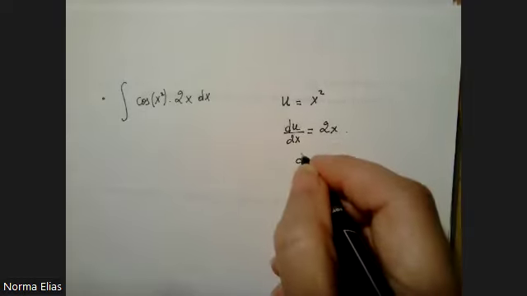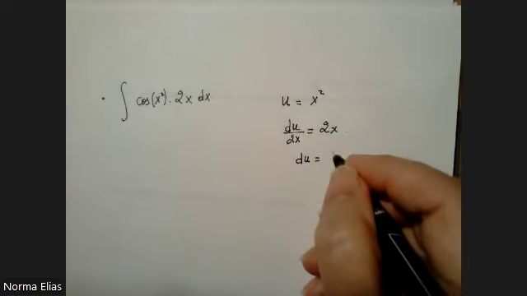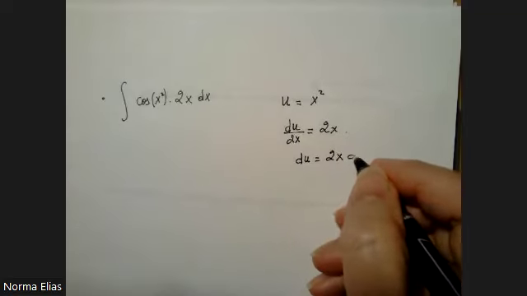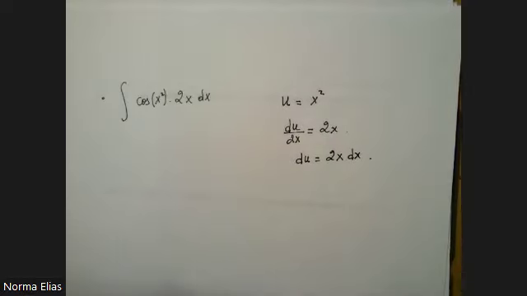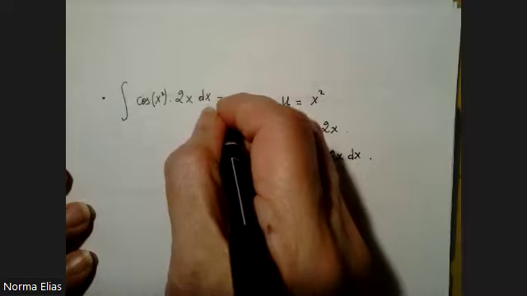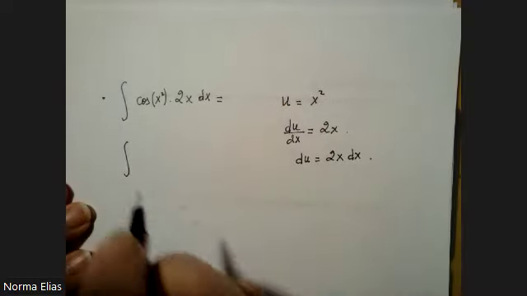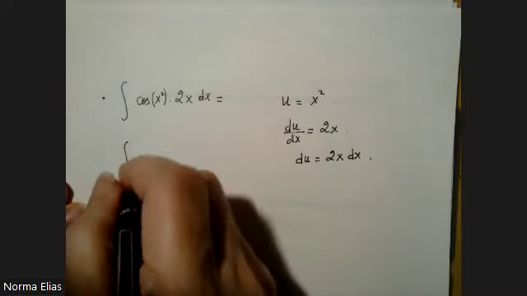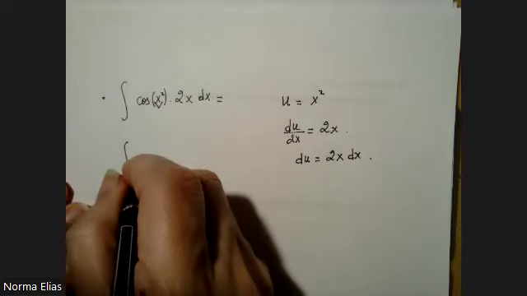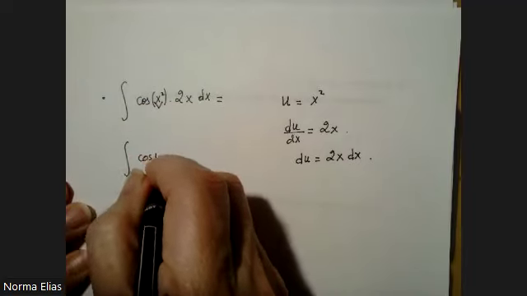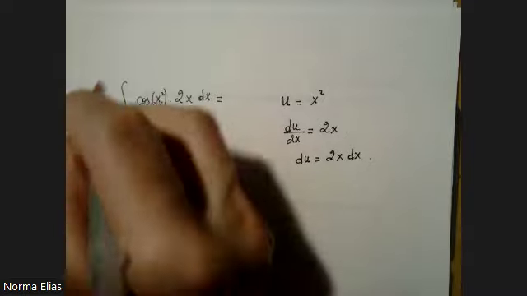And then we formally multiply by dx both sides. Okay. Now we stop and we go back to the integral. And we do the substitution term by term. All right, so the x squared is u. So this would become the cosine of u.